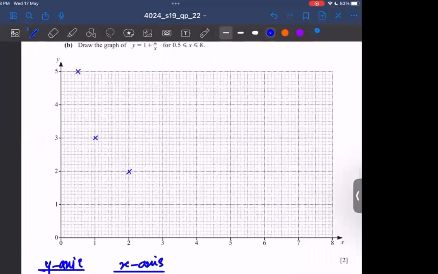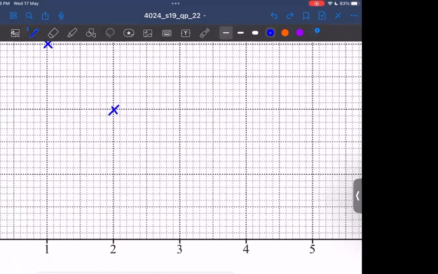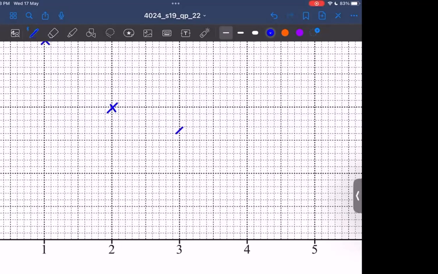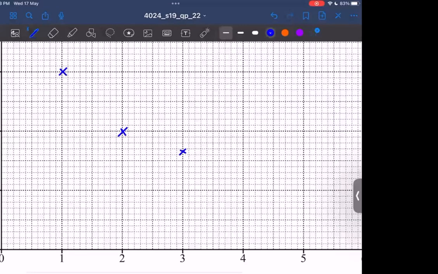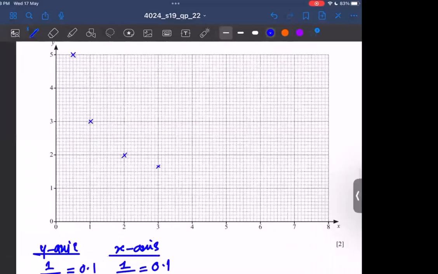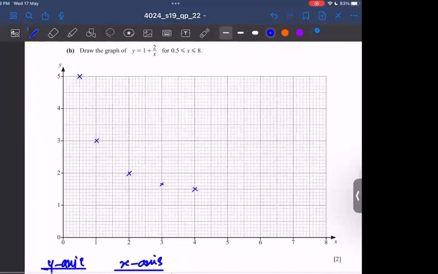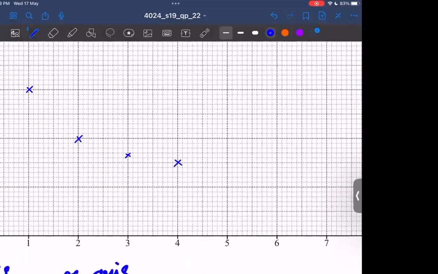So at 3, 1.6, this is 1.7. 1.67 is going to be in the middle of this, somewhere just right above the middle. Right. So we got 4 at 1.5. We got 4 and 1.5. 1.5 is very clear. Then we have 5, 1.4. 1.4 is going to be here.